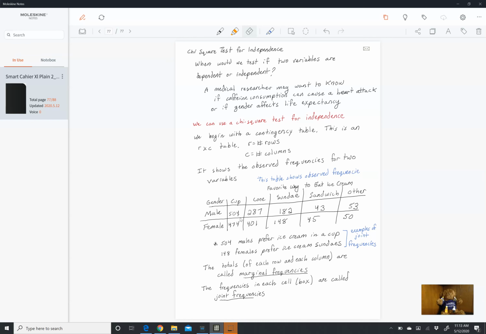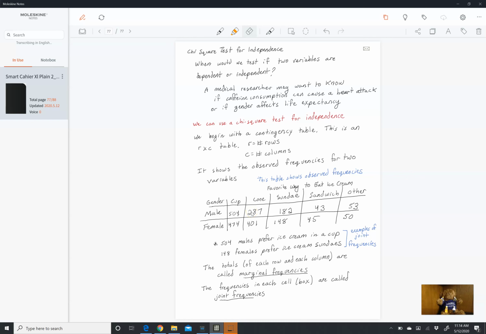To find the expected frequency, we need expected frequencies for each of these cells. We want the expected frequency for males who prefer cups, expected frequency for males who prefer cones. So this is the first row, this would be the first column. So 504 is the observed frequency for row 1, column 1.